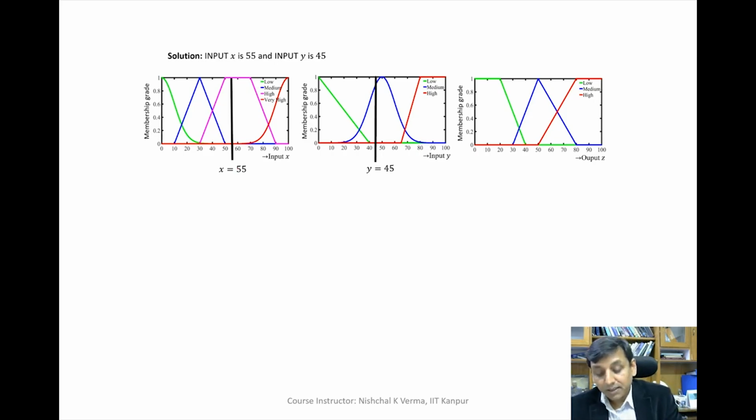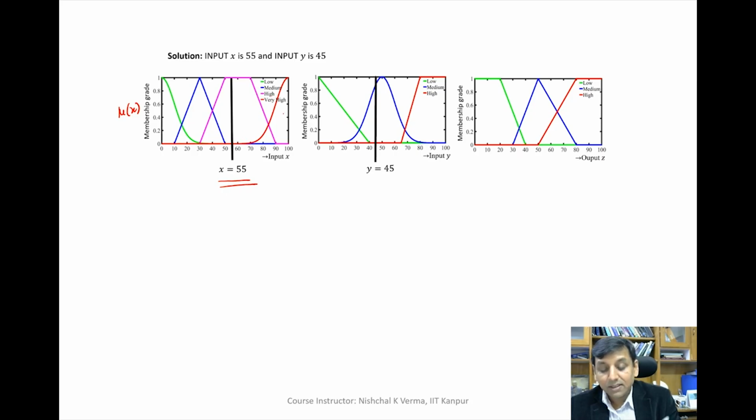For X is equal to 55, you can see that it is falling under the high region.